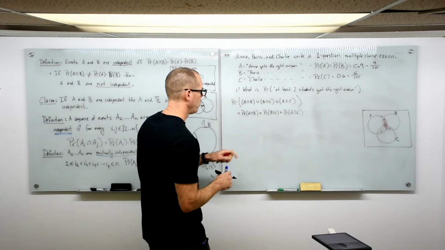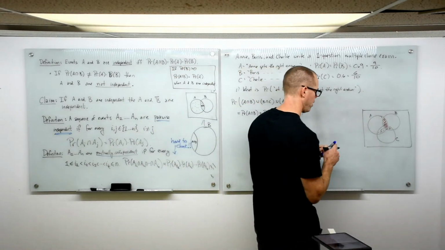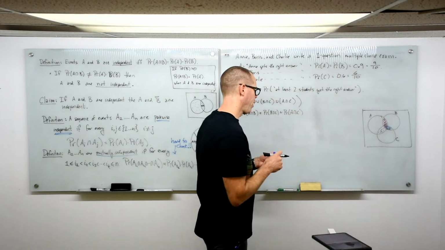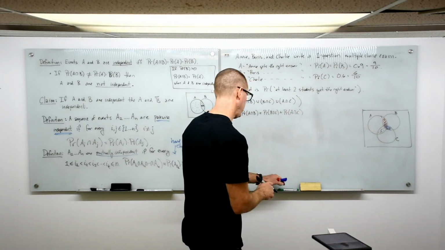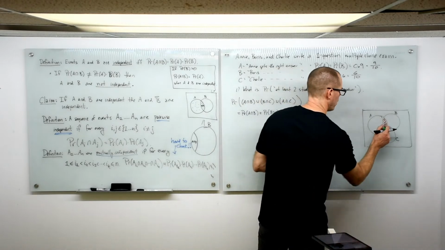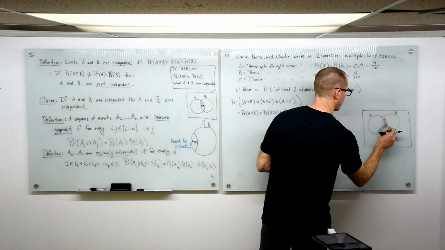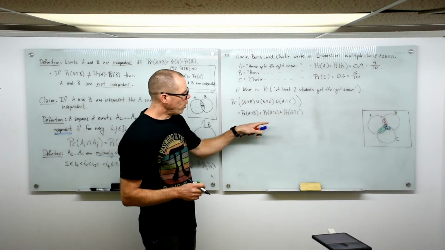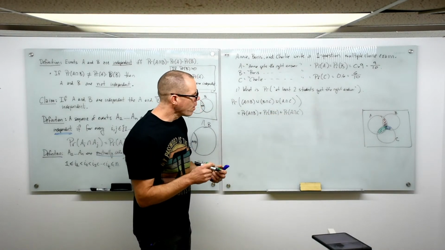And Boris and Charlie is this thing. And Charlie and Annie is this thing. So if I just add up these three probabilities, I'm certainly overcounting.